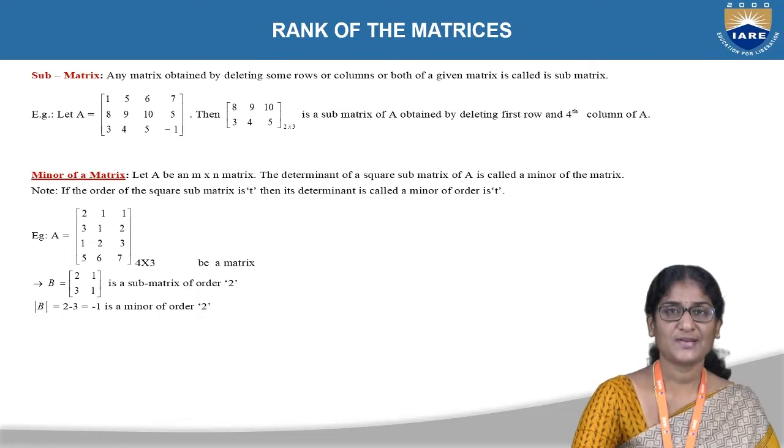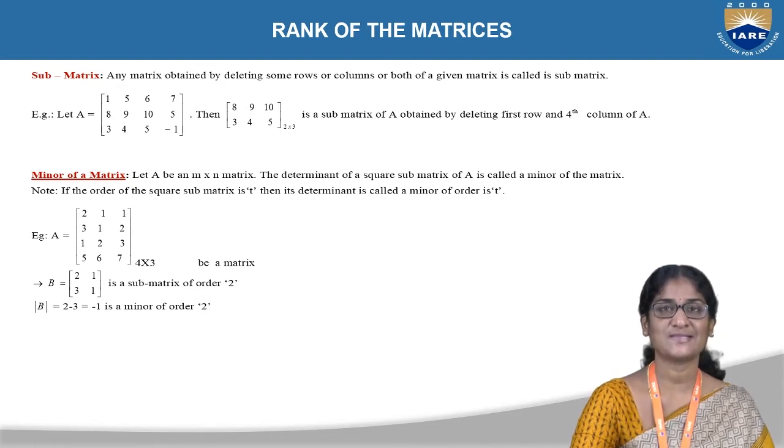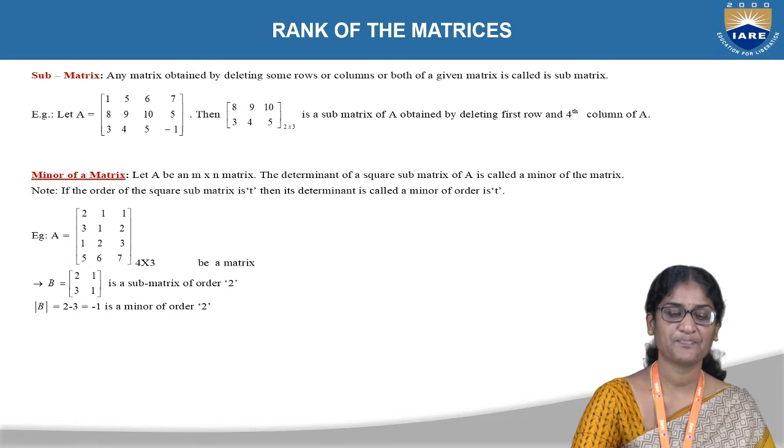Now, before going to the rank of a given matrix, we need to understand what is a submatrix and what is a minor of the matrix. Understanding this helps you a lot to understand the rank of the given matrix. Now, let's go with the submatrix.